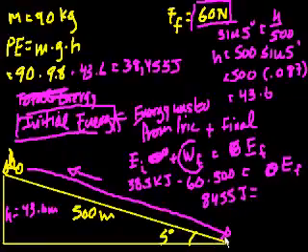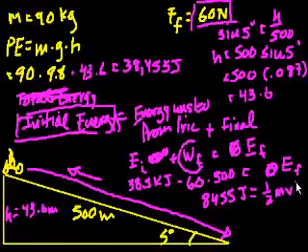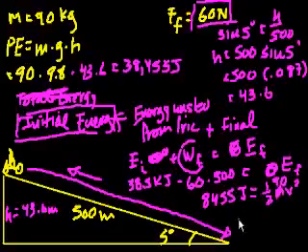And what is all the final energy? Well, by this time, the rider's gotten back to, I guess we could call this sea level. So all of the energy is now going to be kinetic energy, right? And what's the formula for kinetic energy? It's 1/2 mv squared. And we know what m is. The mass of the rider is 90. So the 1/2 times 90 is 45.